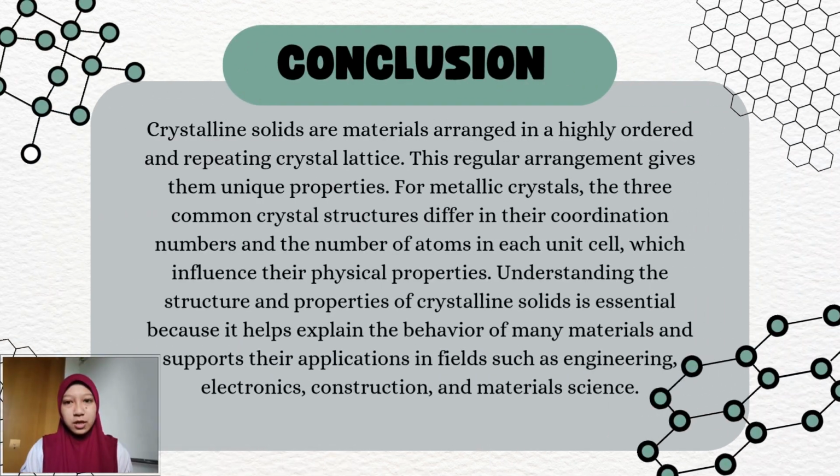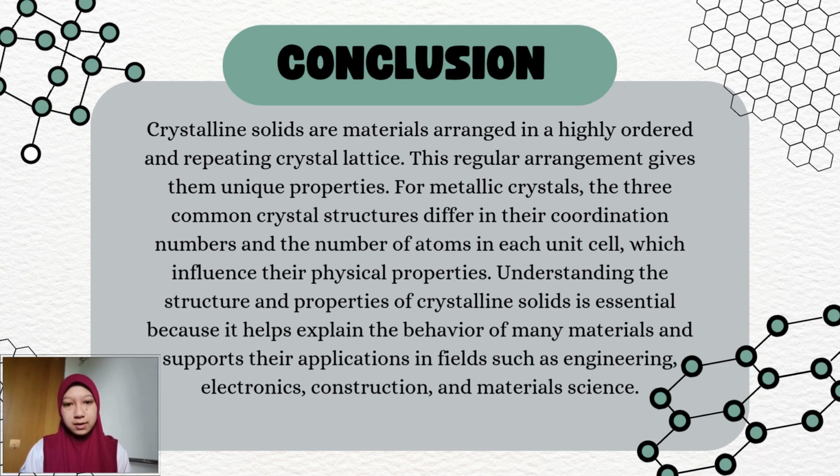So, to conclude, crystalline solids are materials arranged in a highly ordered and repeating crystal lattice. This regular arrangement gives them unique properties. For metallic crystals, the 3 common crystal structures differ in their coordination numbers and the number of atoms in each unit cell, which influence their physical properties.